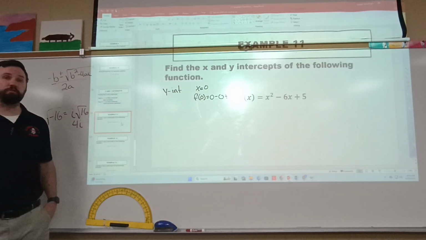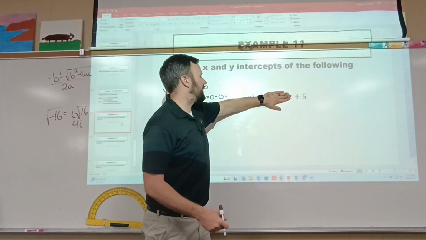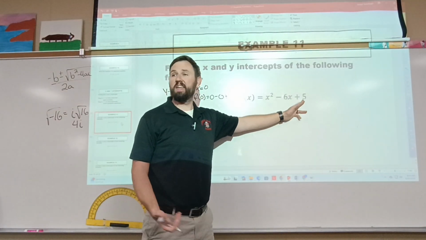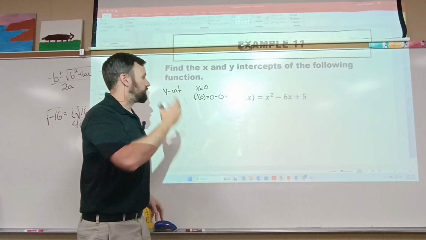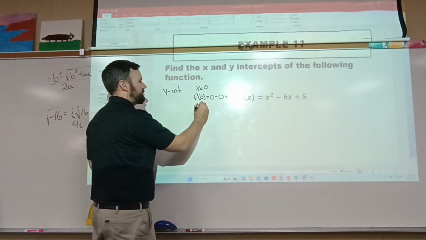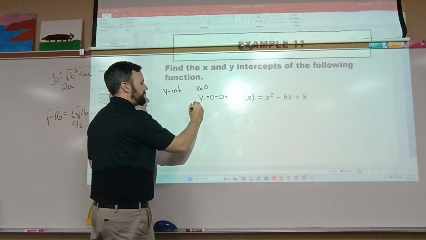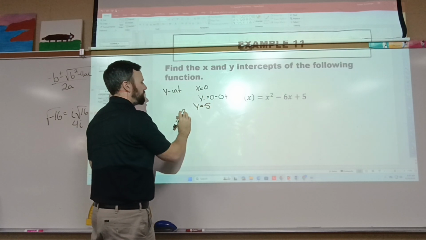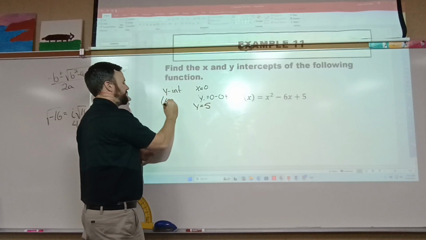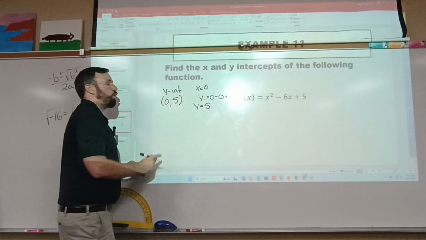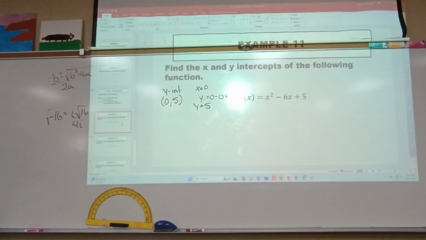You plug in 0 for x. Whatever is left, I should have put y equals, I get y equals 5. So my y-intercept is 0, 5. Your y-intercept is always 0, comma something, because I plugged in 0 to my function.